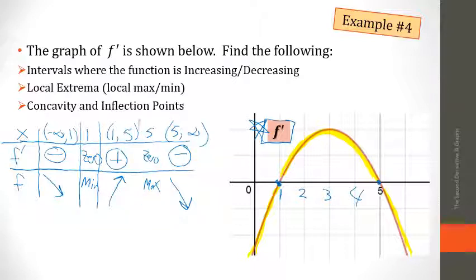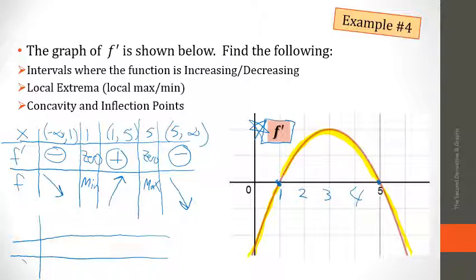Now, we just have to get through what? Where is our concavity and inflection point? Now this one's a little more tricky. So we're looking at the original, and we need the second derivative. The problem is all we have is the first derivative.